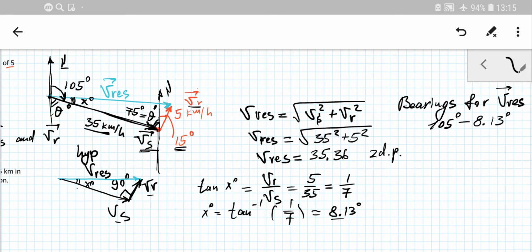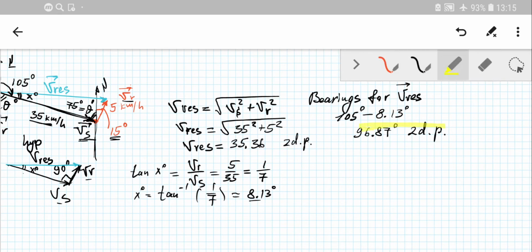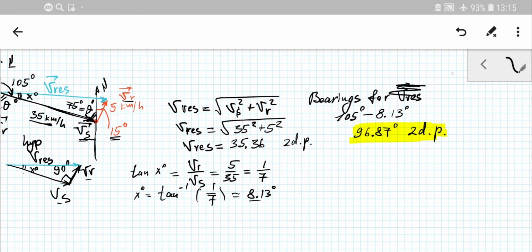Let's subtract this angle from 105, and it gives us 96.87 to 2 decimal places.